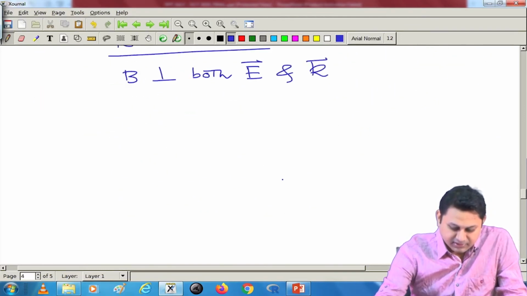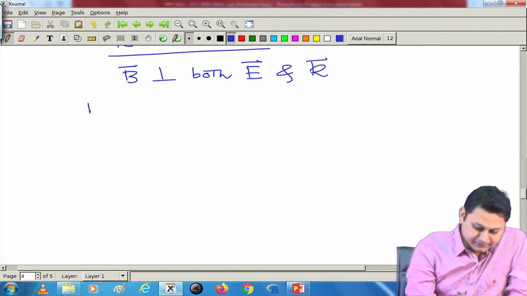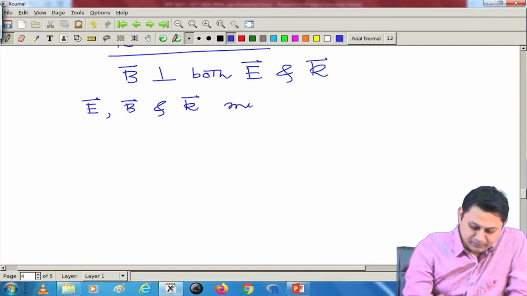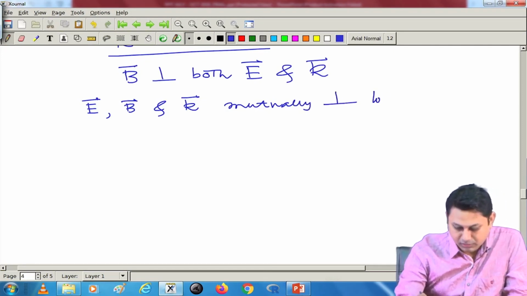So, that means that it readily tells us that E vector, B vector and k vector are mutually perpendicular to each other.